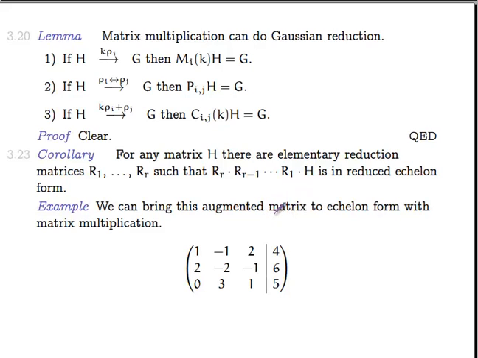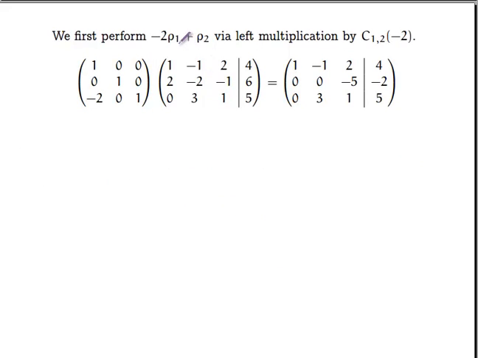We can bring the augmented matrix to echelon form with matrix multiplication. We first perform this row operation, minus 2 row 1 plus row 2, through left multiplication. If we do minus 2 times row 1 plus row 2, that's going to give us a 0 here.